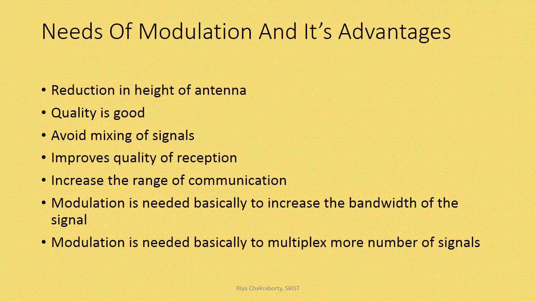So, reduction in height of antenna, good quality, avoiding mixing of signals, these are all needs of modulation or its advantages. And also the basic need of modulation is to increase the bandwidth of the signal and to multiplex more number of signals. So modulation is needed basically to multiplex more number of signals.